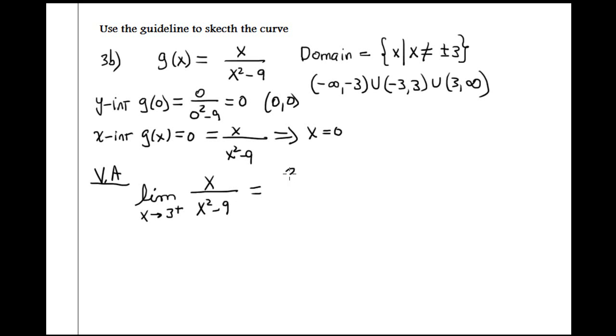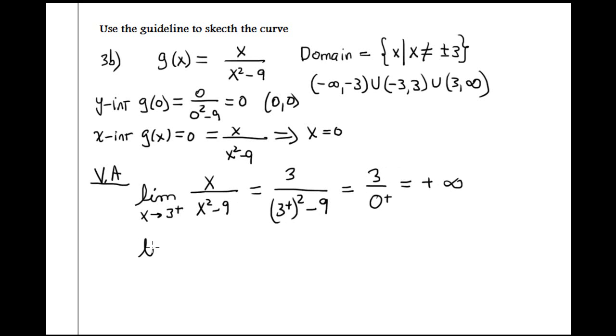This is 3 over 3 plus squared minus 9. 3 plus is a number a little bit greater than 3, say 3.1. When you square this number it is greater than 9, so this is 3 over 0 plus, and this is positive infinity.